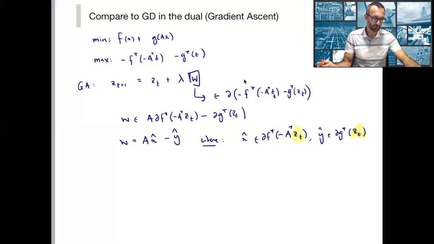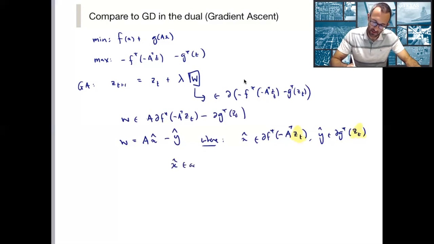And in particular, just to repeat what we saw before, x hat is an argmin of f of x plus z_t transpose Ax, and y hat is an element of the argmin of g of y minus z transpose y.